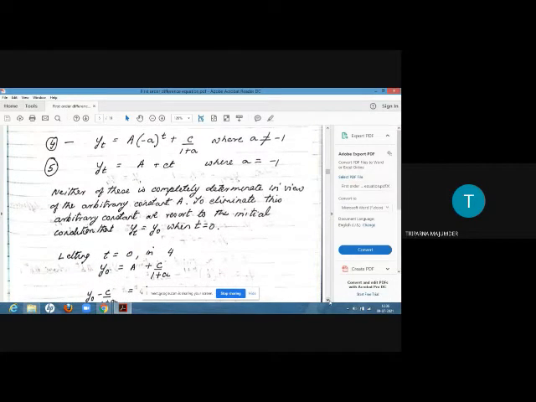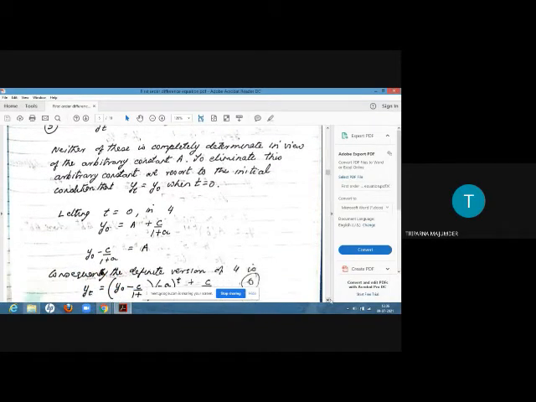Neither of these two equations is completely determinate in view of the arbitrary constant a. Now, to eliminate this arbitrary constant, we resort to the initial condition that yt is equal to y0 when t is equal to 0.